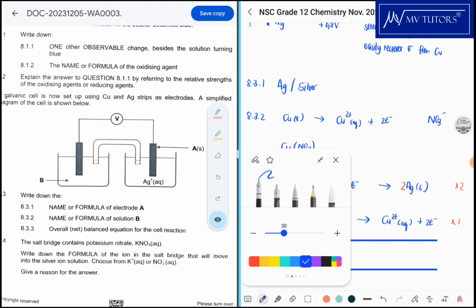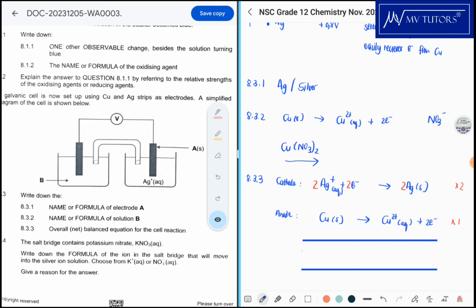Okay, so at the end we have 2 silver ions, and then we have the copper, and then here we have 2 silver, and then we have the copper ion.